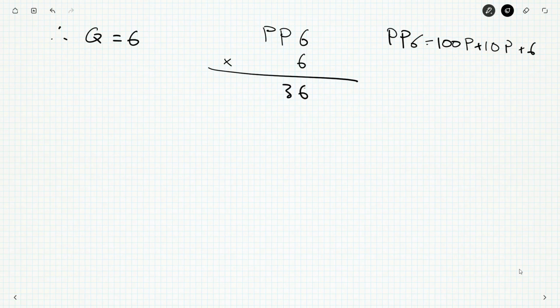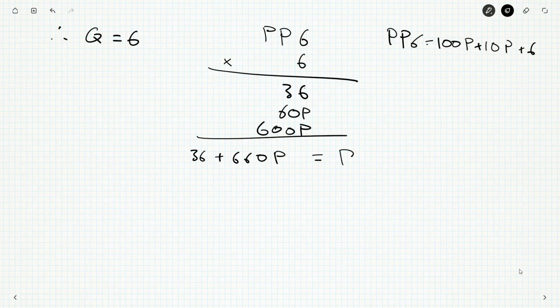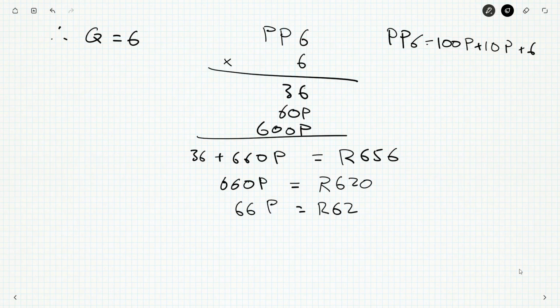Okay, so we get 36, and then we have 60p, and then 600 times p. We add all those up, we get 36 plus 660p, and that should be R656. Okay, so now subtracting 36 from both sides, we get 660 times p, and it looks like R620. Divide by 10 on both sides, we get 66p is R62.